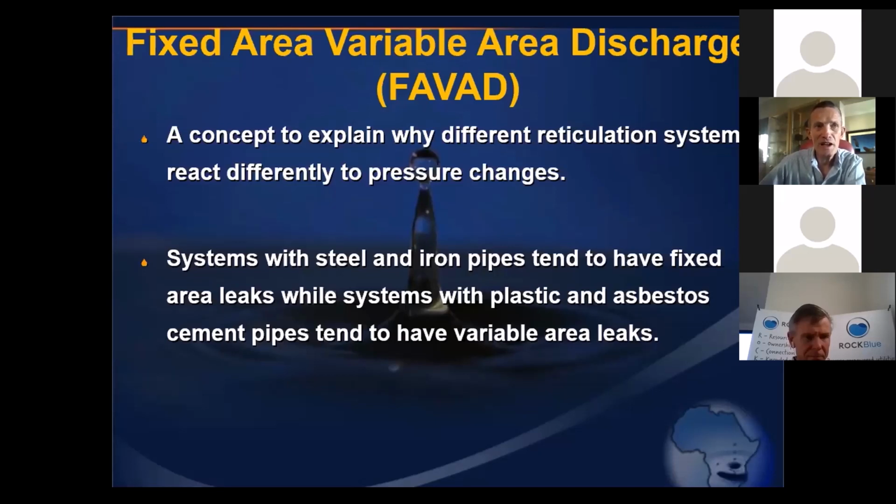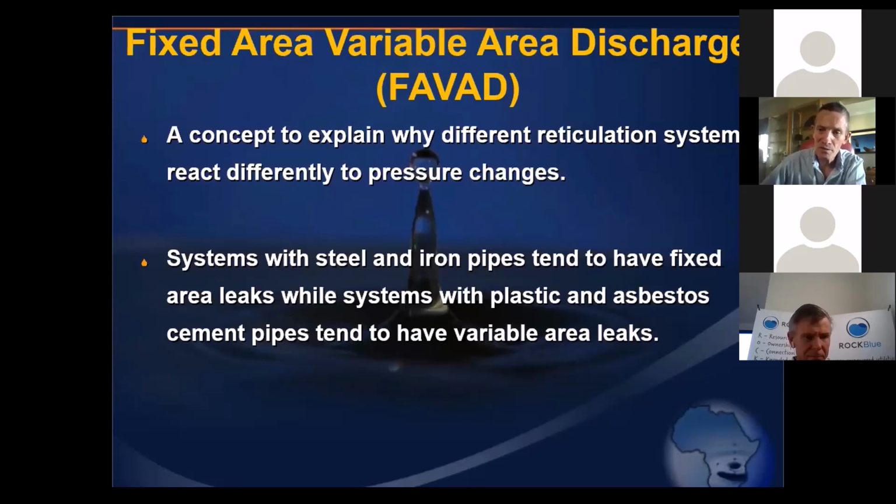To explain this, if you have metal pipes, typically a metal pipe will end up with corrosion holes, which are small circular holes in the pipe. The size of that hole does not change during the day or night with pressure. The hole stays the same size.